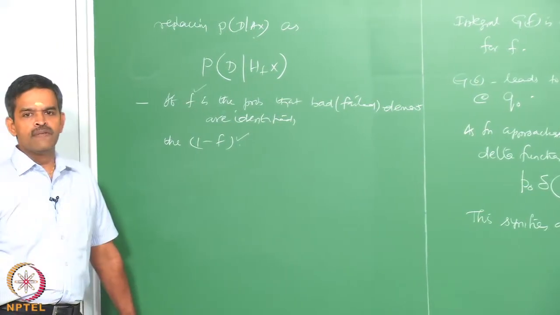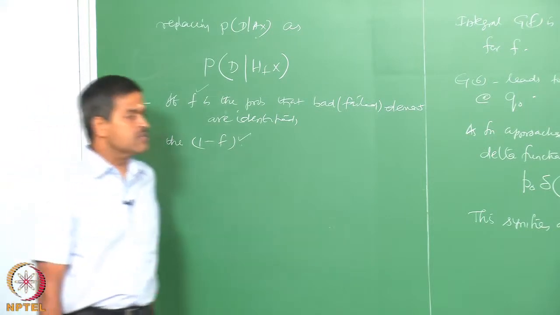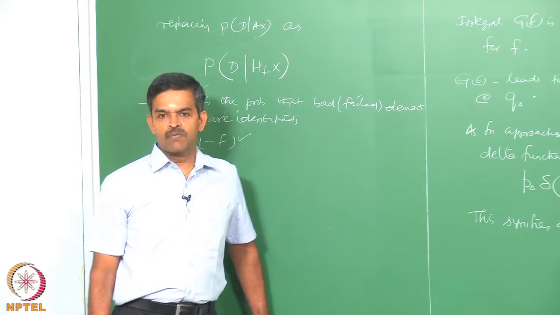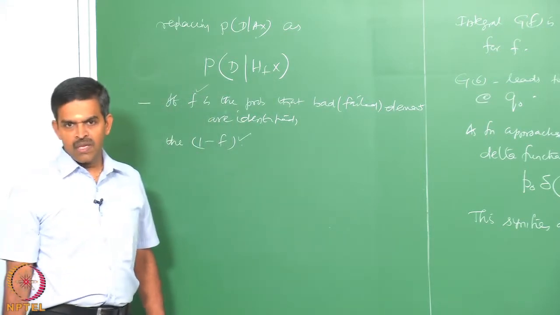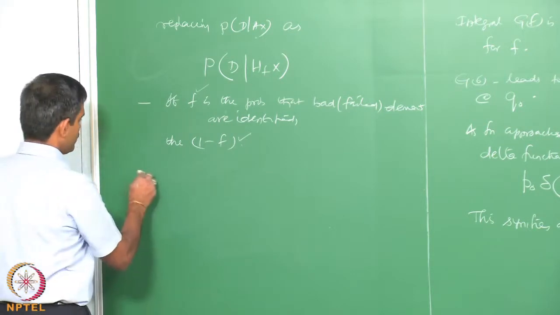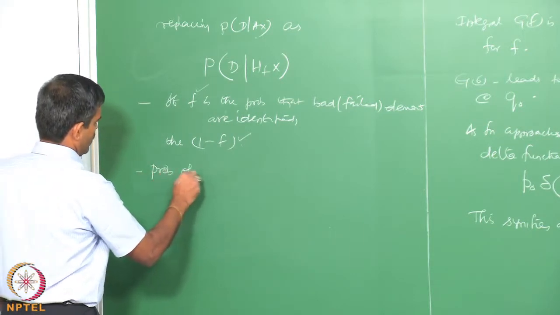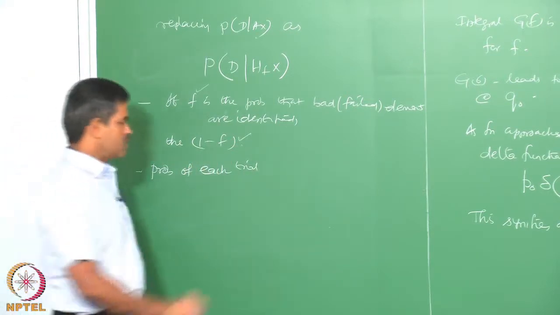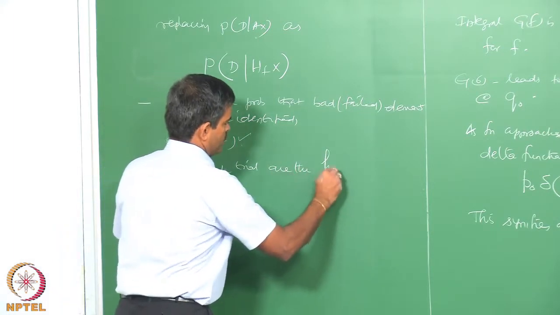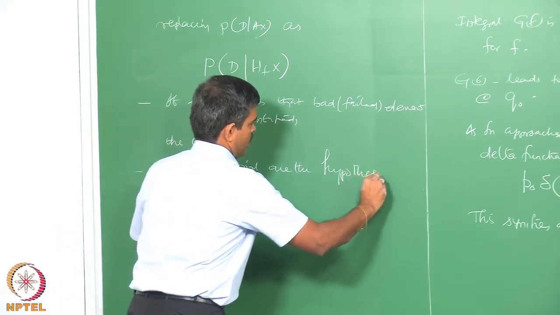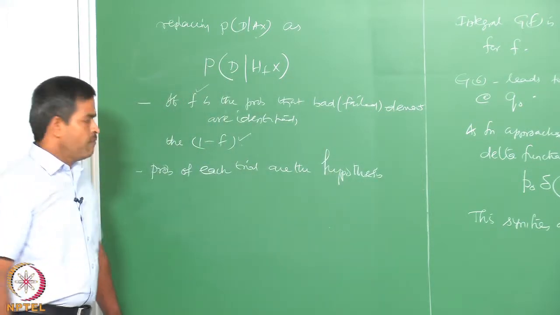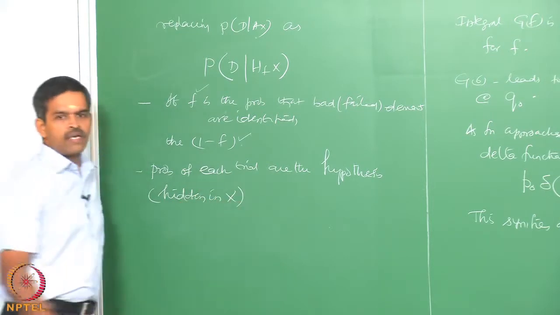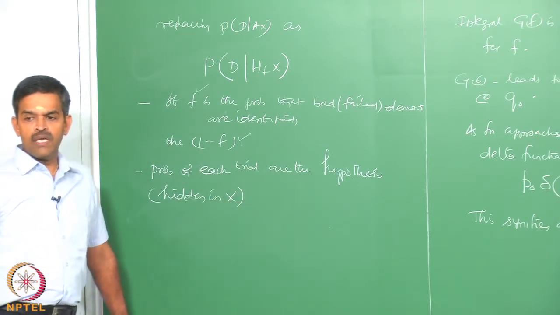So, this can also be seen as a result of inspection of a set of offshore structures, where you are looking at the failure of offshore structures after a specific period of service life. Let us say the probability of each trial are actually the hypothesis, which is hidden in X, because we do not know the data X, which is logically independent.